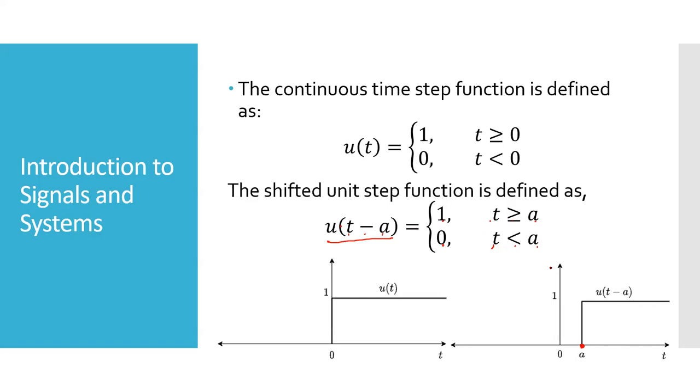Yes, sir. Okay. And then you draw it. So how will you draw it? That depends on your mathematical function. So you need to draw 1 for t greater than or equal to a. So a is here. It is some value a. So for the value greater than or equal to a, it is 1.